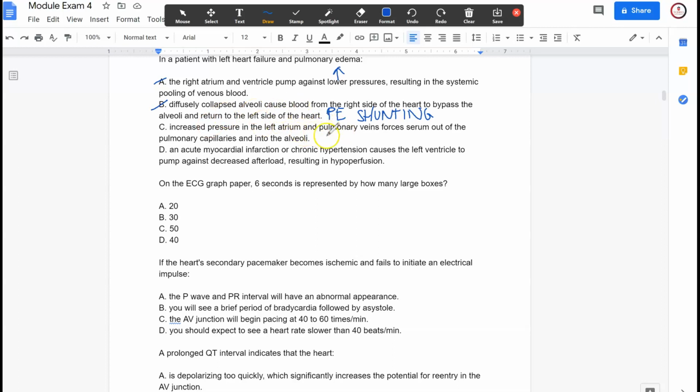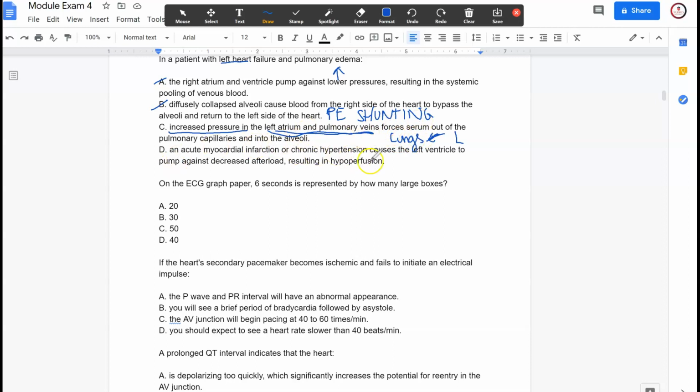Increased pressure in the left atrium and pulmonary veins forces serum out of the pulmonary capillaries and into the alveoli. All right, that sounds right. It's left heart failure, so the left atrium and pulmonary veins, because it comes back from whence it came. If the left side is damaged, it's going to go back to the lungs through the pulmonary veins.